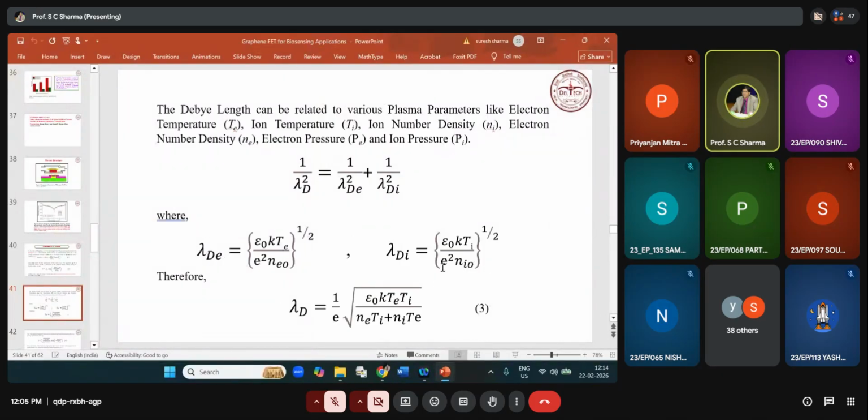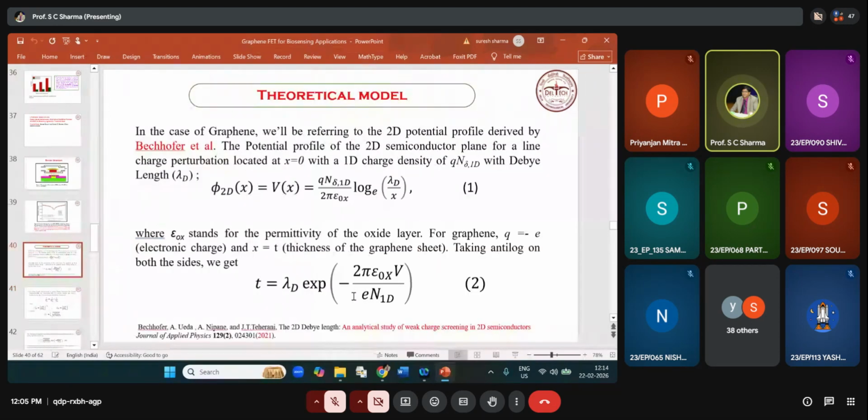So substituting these values, we can calculate lambda d. It turns out to be this. So these are the electron temperature, ion temperature, electron density, ion density. So the Debye length is a function of plasma parameters. Now if the Debye length is a function of plasma parameters, it means T is a function of plasma parameters, the thickness of a channel. Here we have used graphene as a channel.